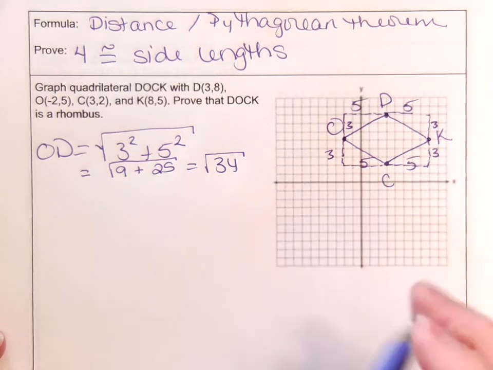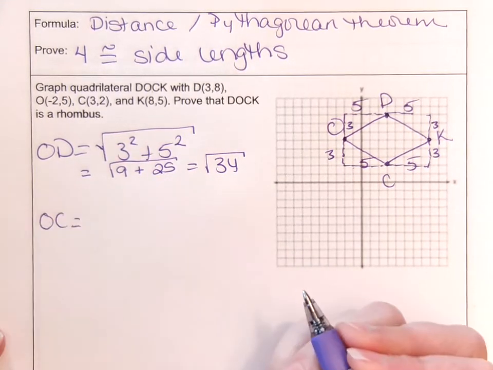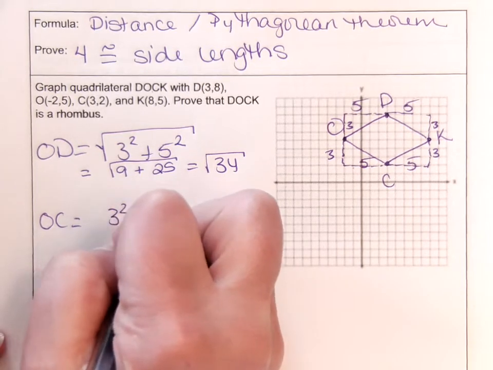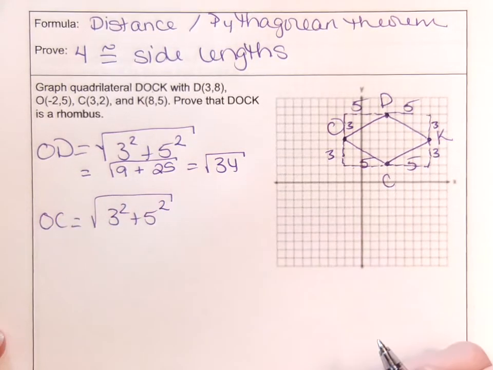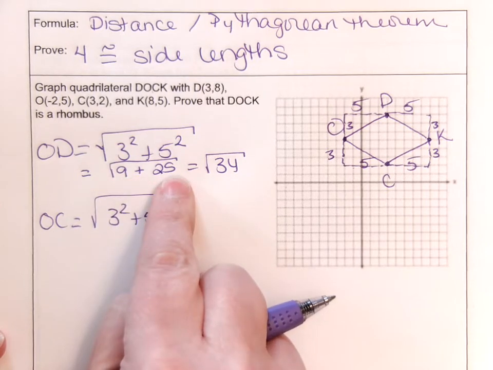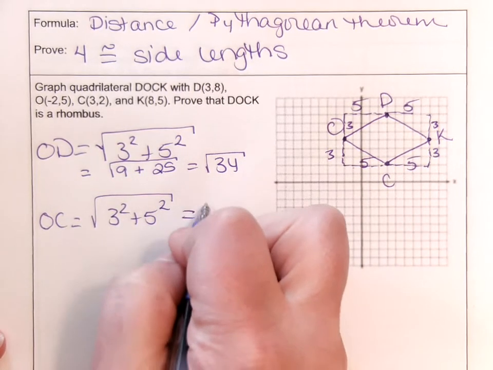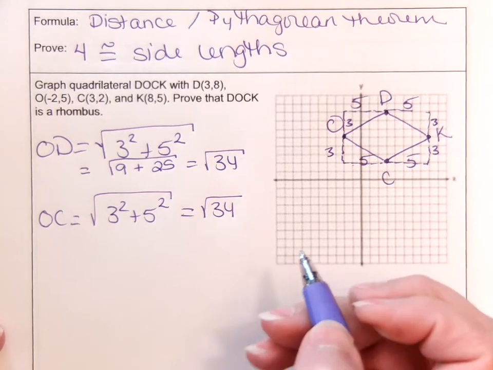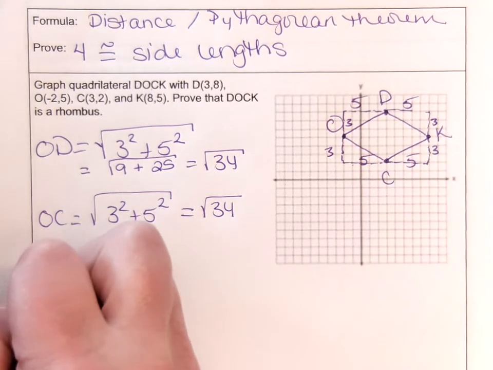So then I'm going to find OC. Well, guess what? That's going to be 3 squared plus 5 squared, and I'm going to take the square root of it. Well, why bother showing all that work when I know it's still going to give me radical 34? And I'm going to keep going around. Now I have CK.